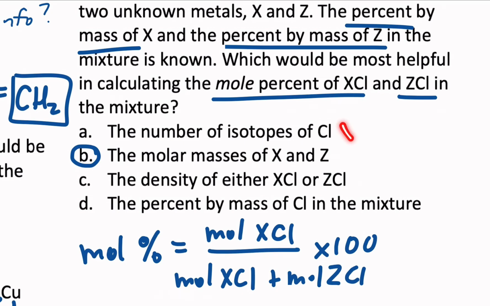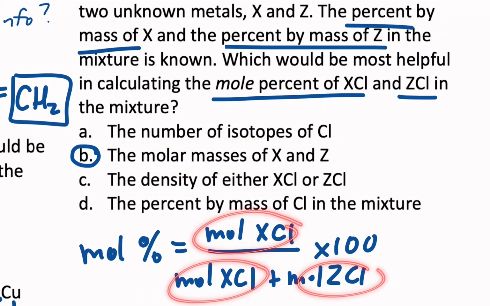The number of isotopes would just tell me how I could get the weighted average atomic mass. The density of the sample could turn masses into volumes. And the percent by mass of chlorine in the mixture would not get me to any mole percentages. It would get me to different mass percentages. I need to know how heavy X and Cl are so I can get these mole values.